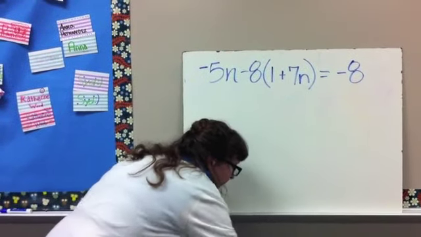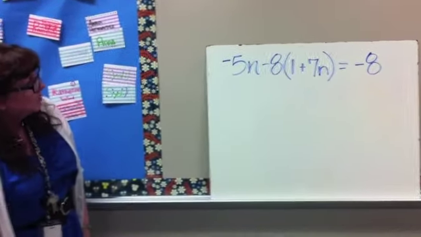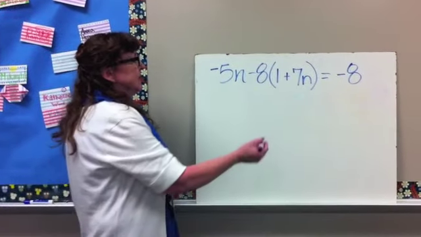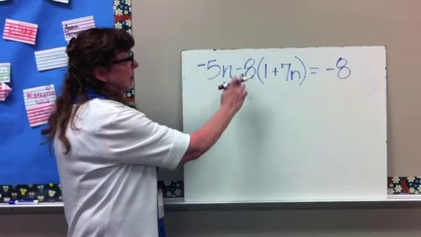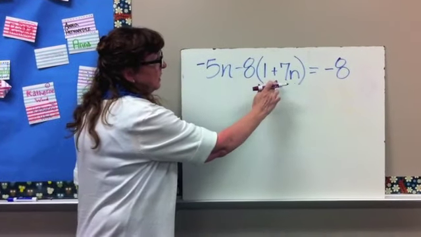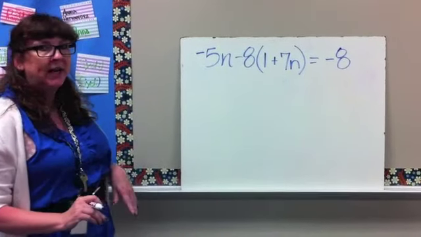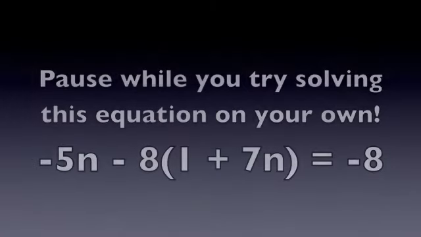Oh, this one has a couple more steps, or maybe one more step, besides the distributive property. Okay, as you can see, we've got negative 5n minus 8(1 plus 7n) equals negative 8. So we have one more thing we're going to have to do besides distribute.